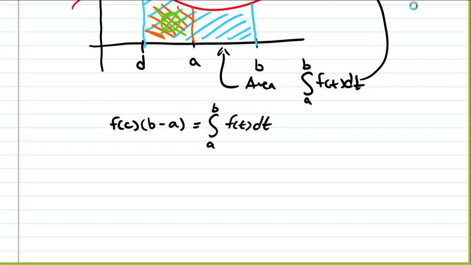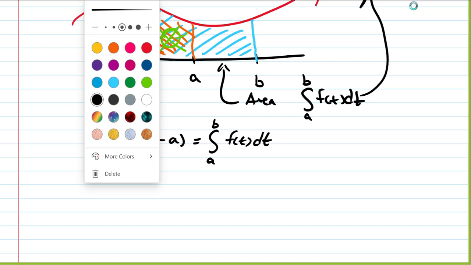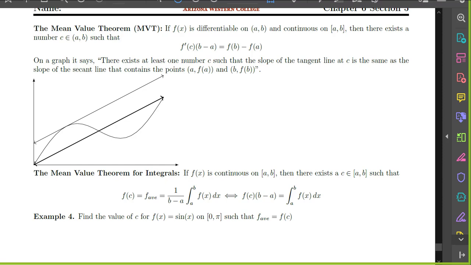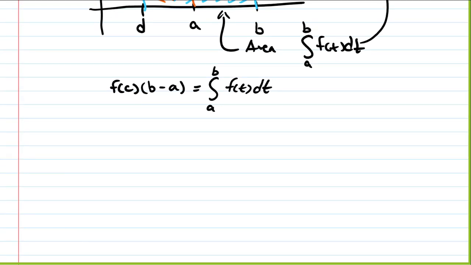All right. So this is true for any numbers. So finally, let's just paste our picture. We get this, which is going to be the mean value theorem for integrals.